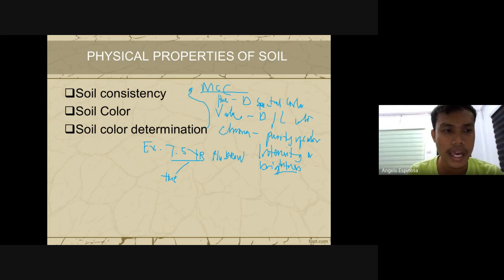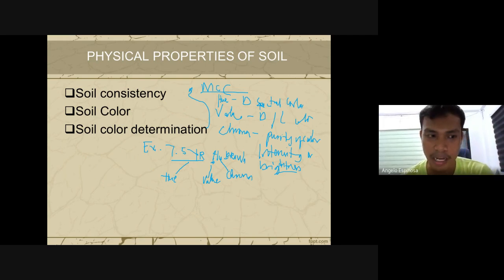And value, ang value dito ay ang 4. The value is 4. And 6 po is the chroma. Baka lumabas sa board exam, may ganitong example, tapos i-identify sa inyo kung saan ang hue, value, and chroma.